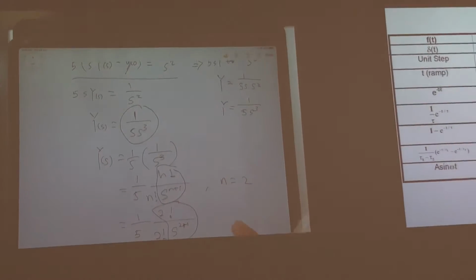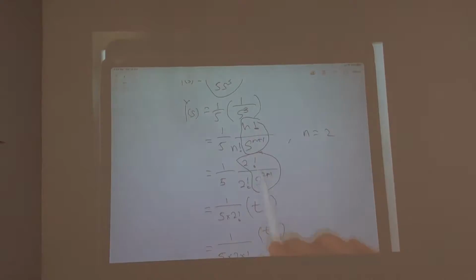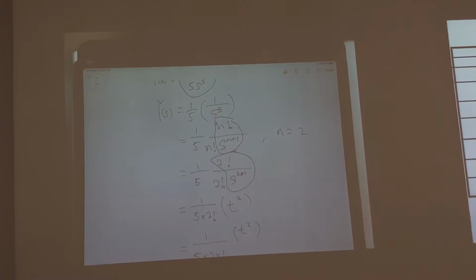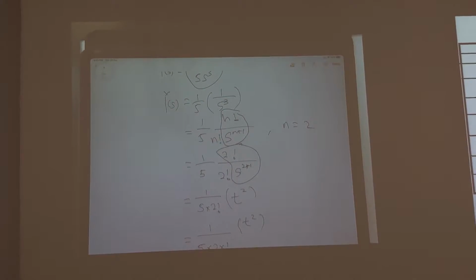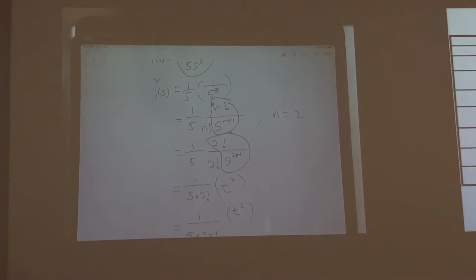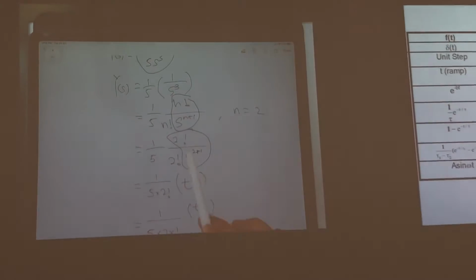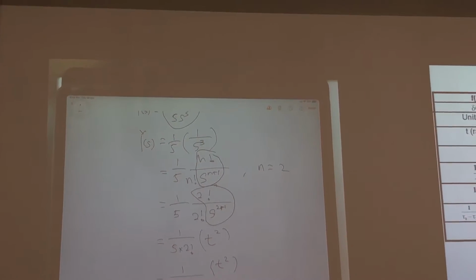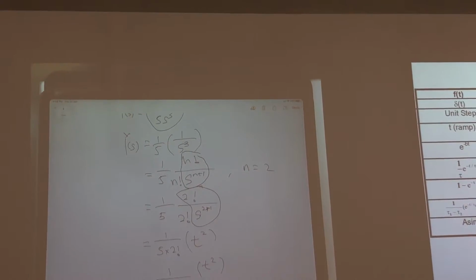Once I know n is 2, I know this part is 2 factorial over s power of 2 plus 1, which is s power of 3. And this cancels, it is still 1 over s power of 3, which is my original format. At this step, I managed to rearrange my formula into the table format that I want.